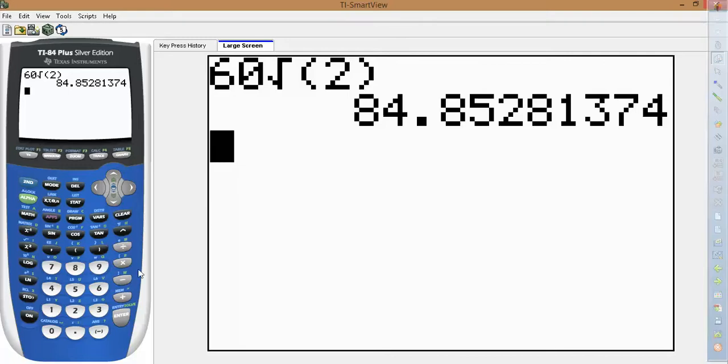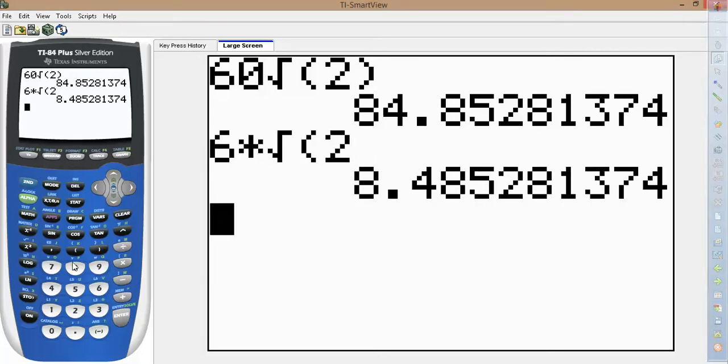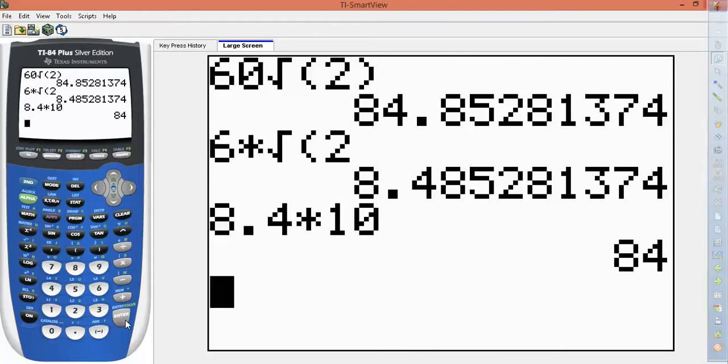What I did not do is say, 6 times the square root of 2, get that decimal, and then all of a sudden, hey, let's just round that to the nearest 10th, and let's do 8.4, and then times 10, for example, right? If we did 8.4 times 10, look at the answer that we would get. We'd get 84, much different than 84.85. It's not as precise, okay?